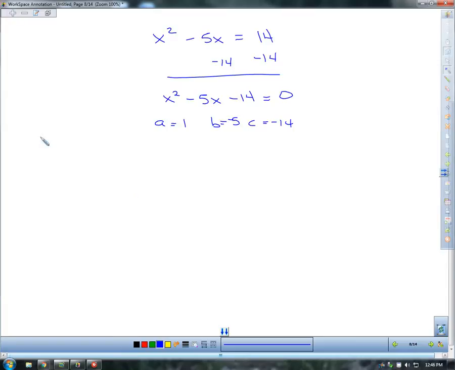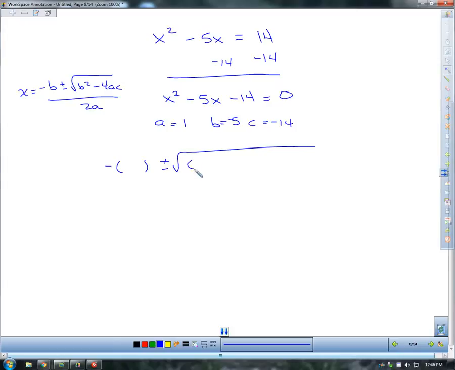Okay. So I'm going to write the quadratic formula over here. Negative b plus or minus the square root of b squared minus 4ac all over 2a. Now I'm going to make blank parentheses, okay? This is a step that some of you are trying to skip, and it's going to make you end up making a mistake. So make sure you do this part, please.